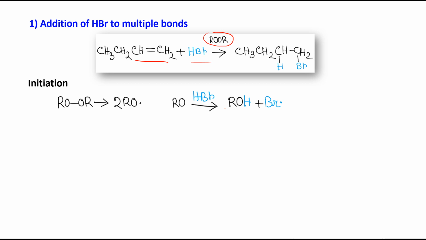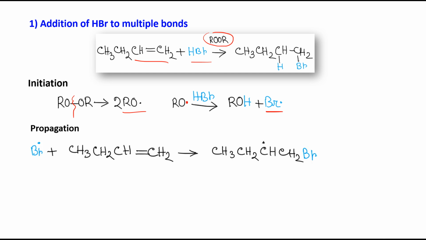So in initiation, this peroxide, either you use heat or light, there is this OO cleavage and we are getting RO dot. Now this RO dot, in presence of this HBr, it is capturing the hydrogen, and we are getting Br dot radical. Now the propagation step will start.